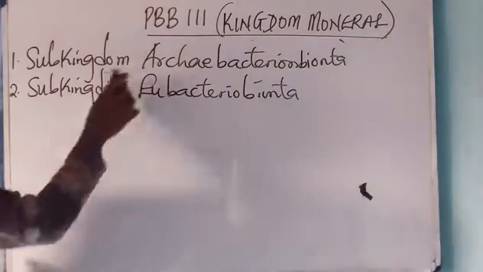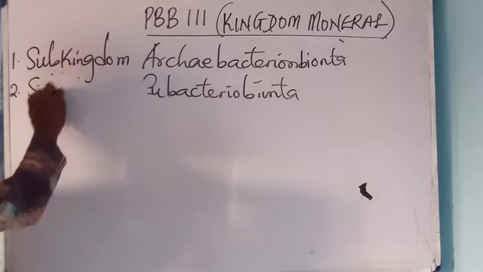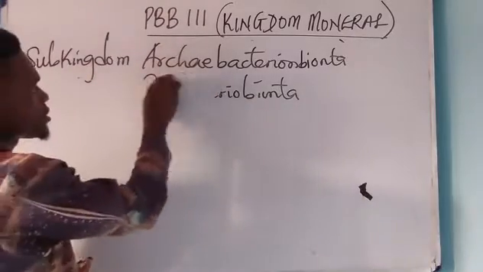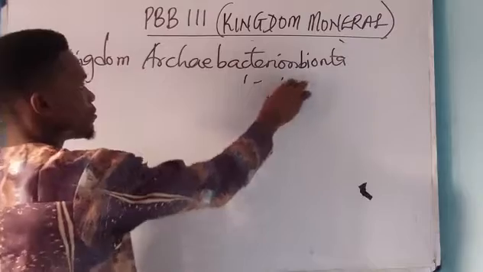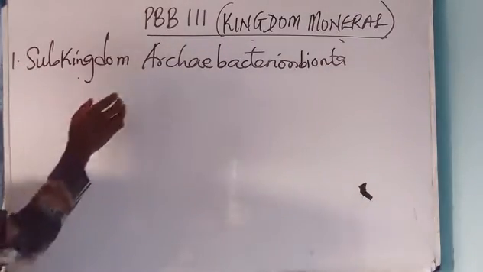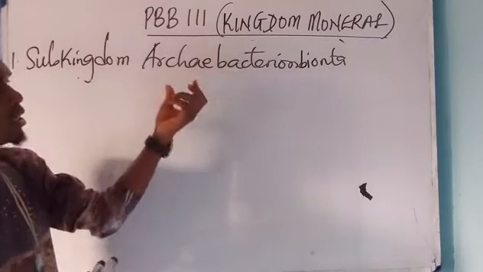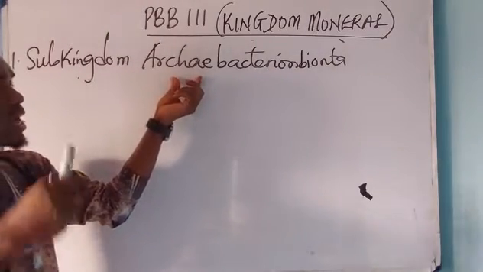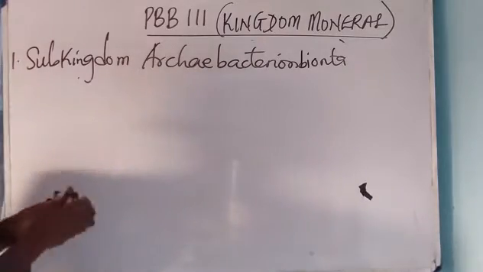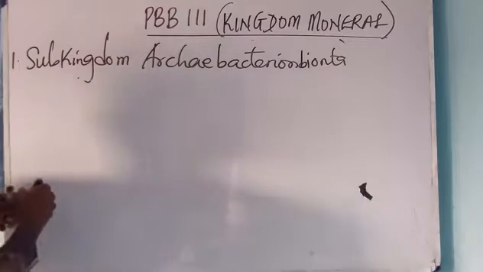Now, in reading certain courses, you don't cram, okay? You take your time to understand the trend or the processes or the mechanism involved in such a topic or course. Now, the Archaeobacteriobionta has a division called what?